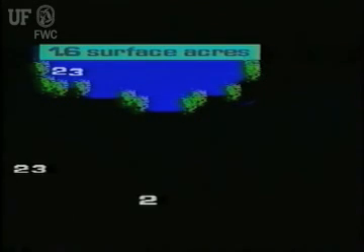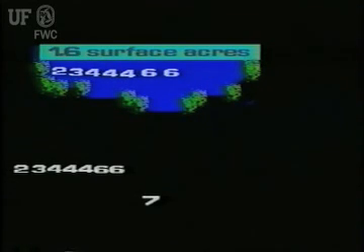A farm pond is found to be 1.6 acres in surface area, and the following depths are measured. In direction 1: 2, 3, 4, 4, 4, 6, 6, 4, and 2 feet.